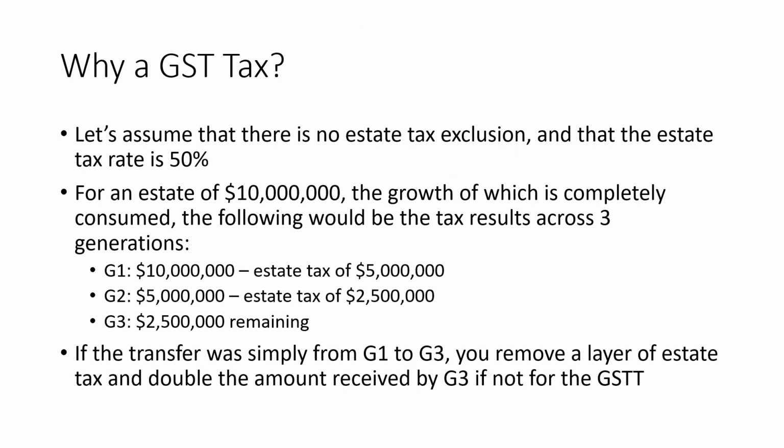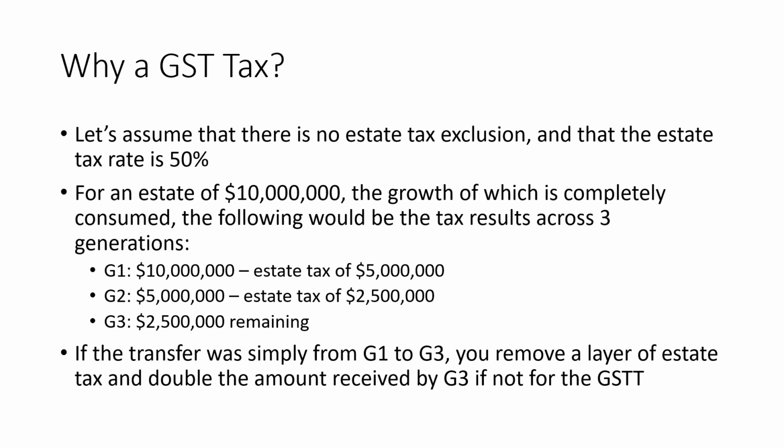So why is there this tax? Well, let's assume a hypothetical world that's not related to our current state of affairs in the transfer tax world. We're going to assume that there's no estate tax exclusion and the estate tax rate is a flat 50%.